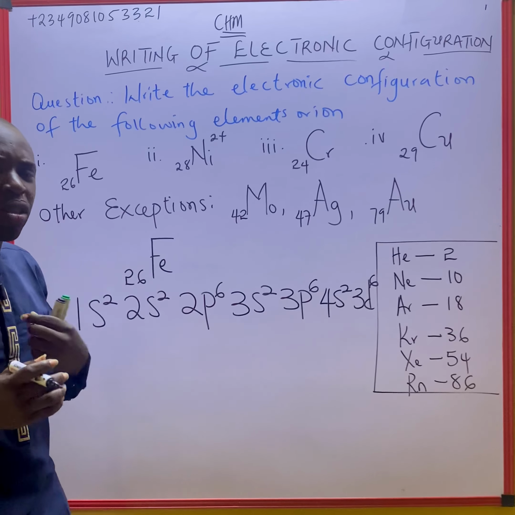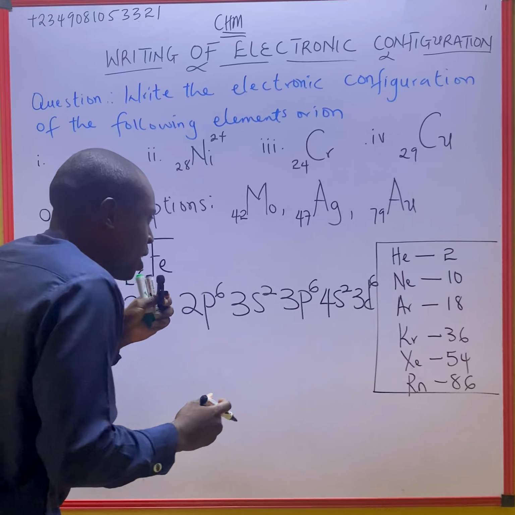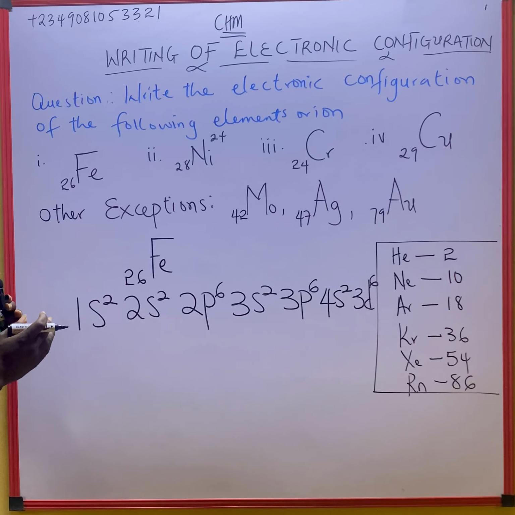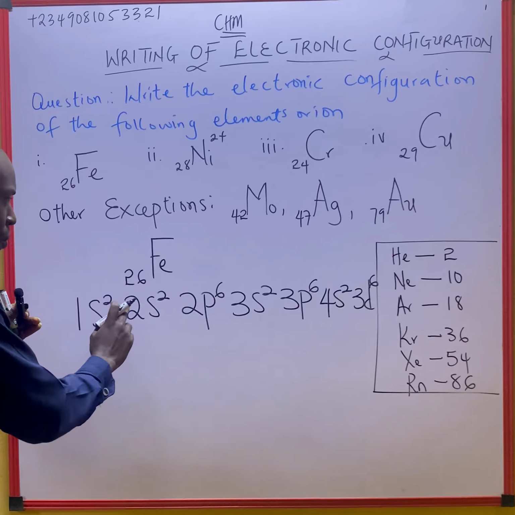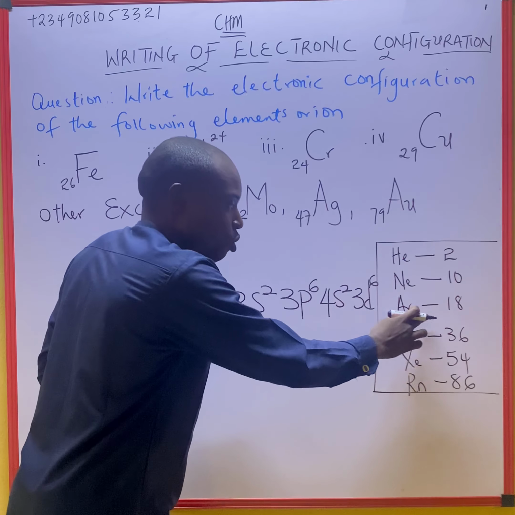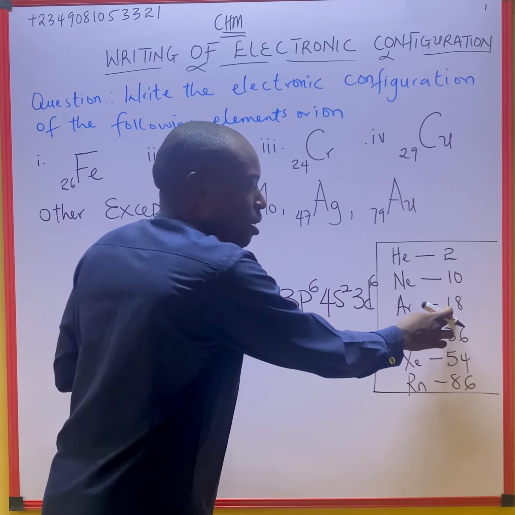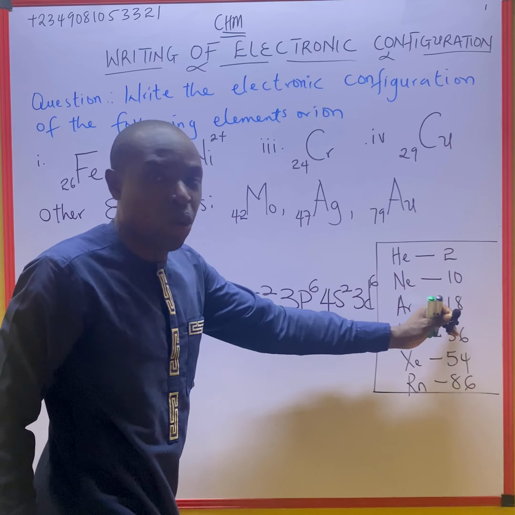If I want to make use of the shorthand form, what will I do here? I will simply come here and say, from 26, it will be argon, because 26 is less than 36 but above what? 18.